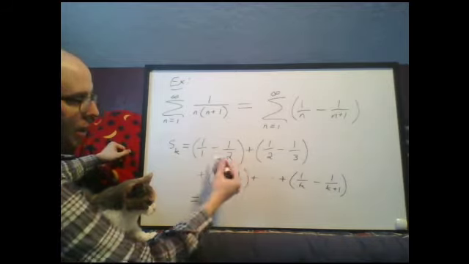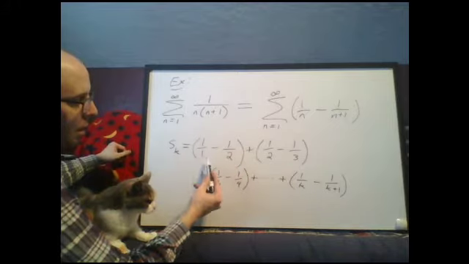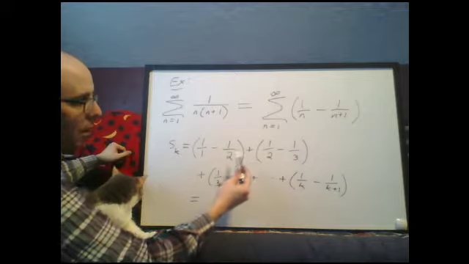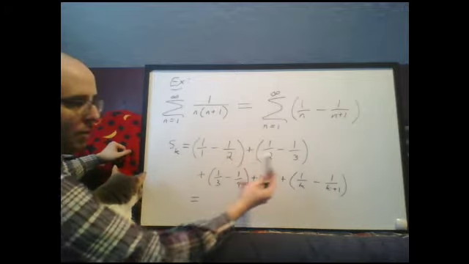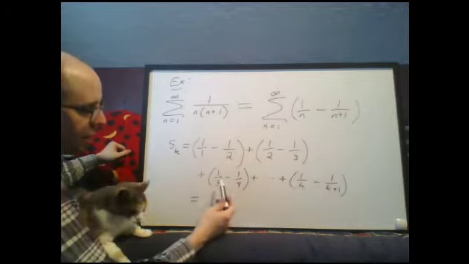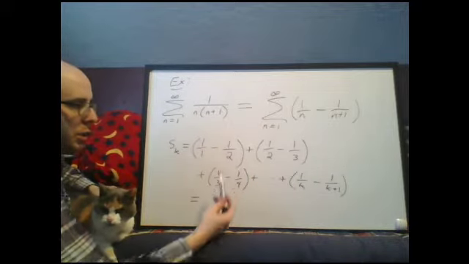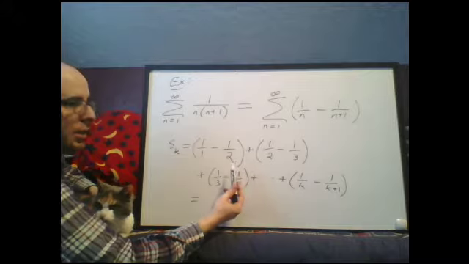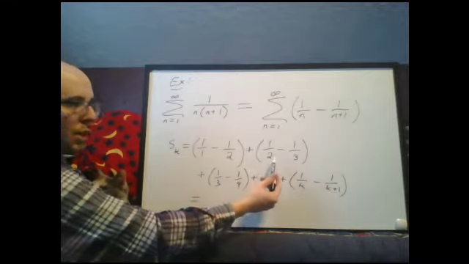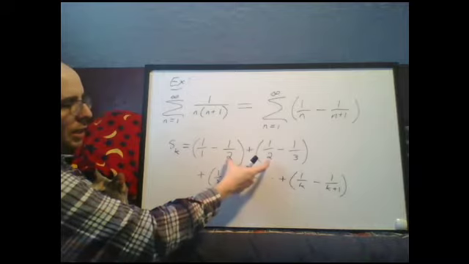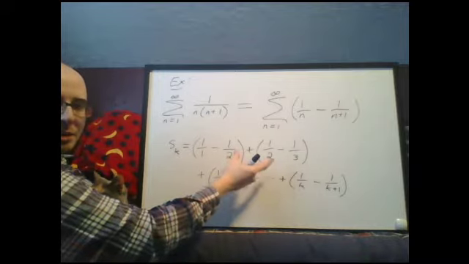If you look at a consecutive pair, I have minus 1/2 here, plus 1/2 here. Those two 1/2s will cancel. I have minus 1/3 here and plus 1/3 here. Those 1/3s will cancel. So each parentheses shares a number with the next parentheses, and they have opposite signs. So each consecutive pair, there's going to be this collapse, this cancellation.